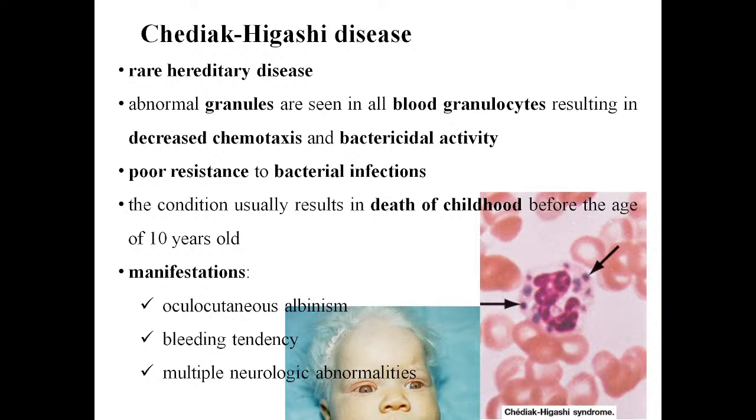But there are some clinical manifestations. These are oculocutaneous albinism, which you can see in this photo. Then they have multiple bleedings and multiple neurological abnormalities.